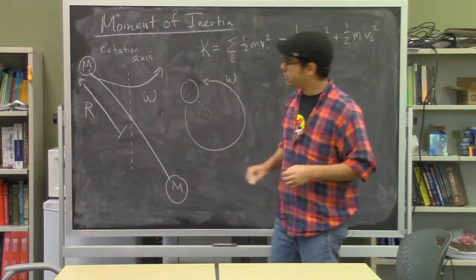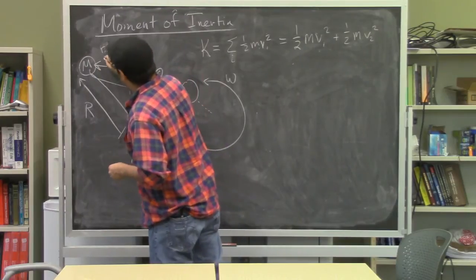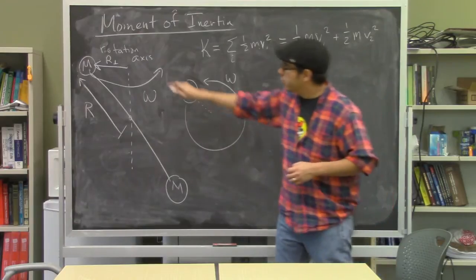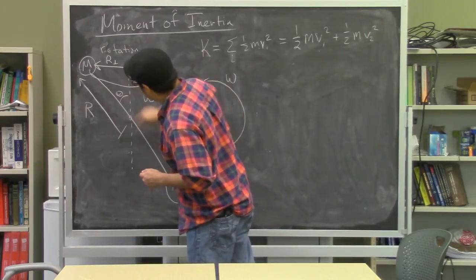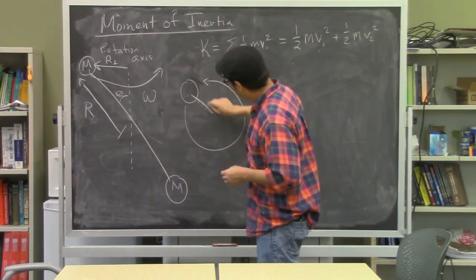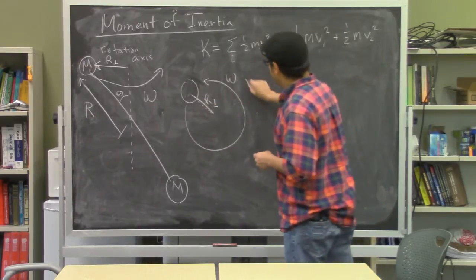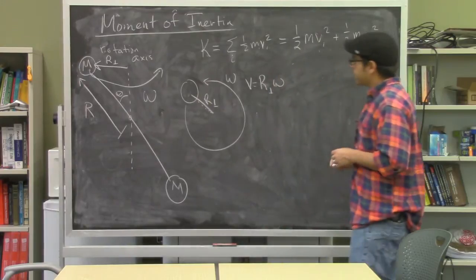It's actually something a little bit smaller. It is precisely this distance, which we'll call r perpendicular because it is perpendicular to the rotation axis. Now we can determine this in terms of the angle theta and so forth, but we're not going to worry too much about that. What we're going to say is that this is r perpendicular, and so the speed of each of these objects is r perpendicular times omega.